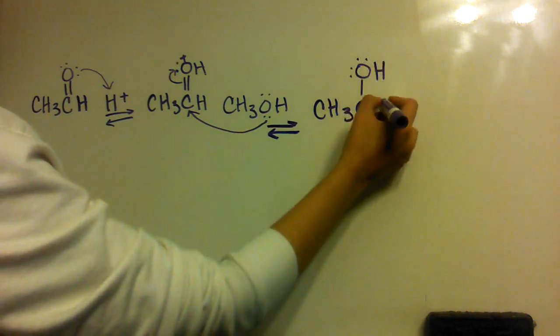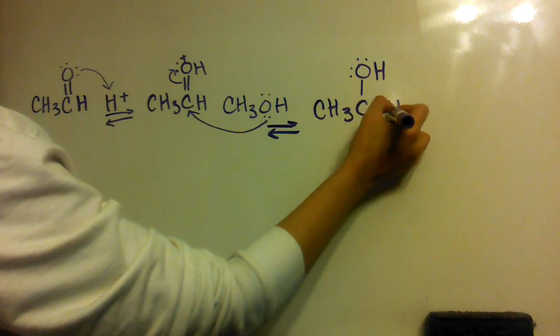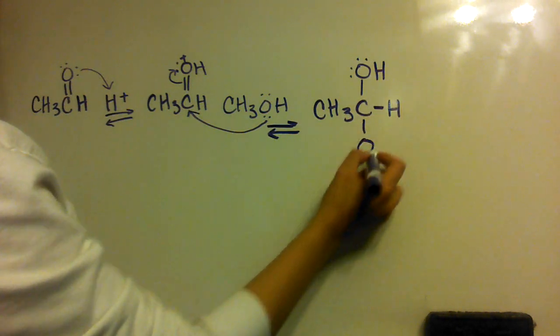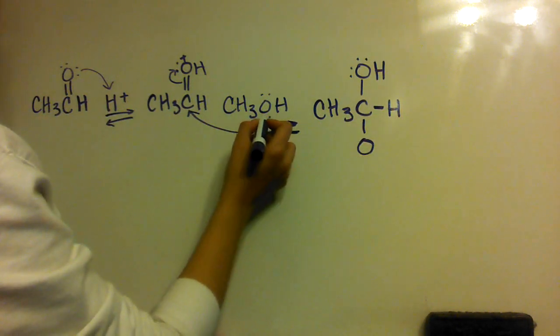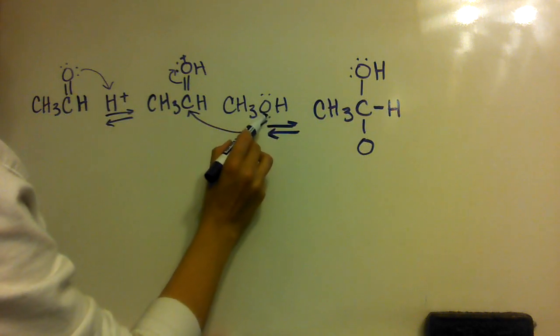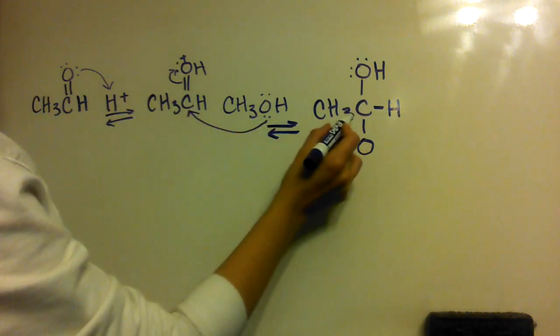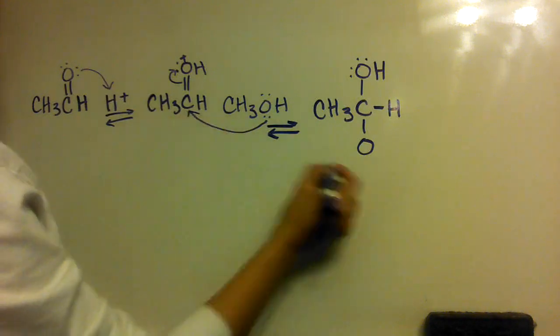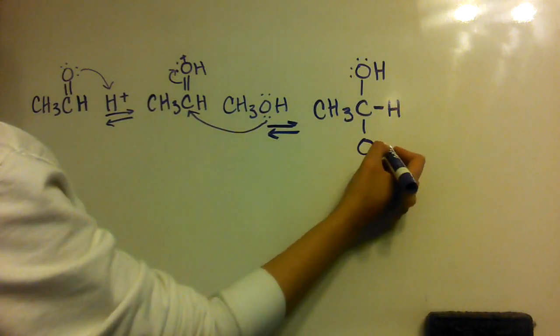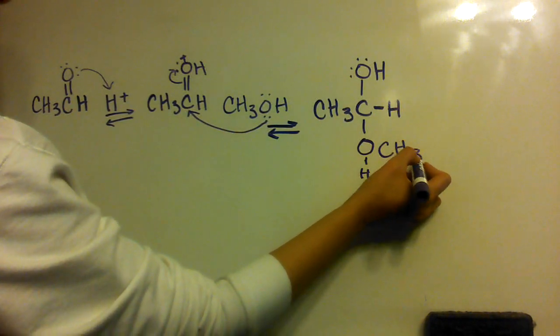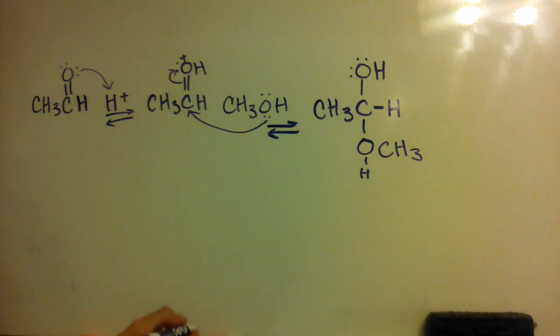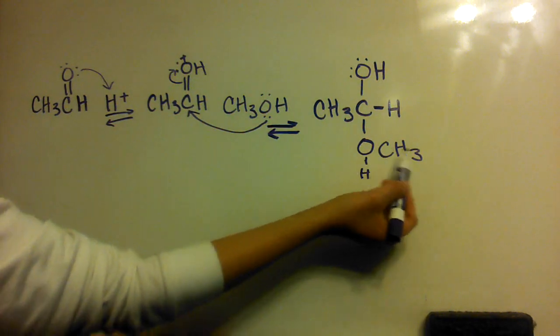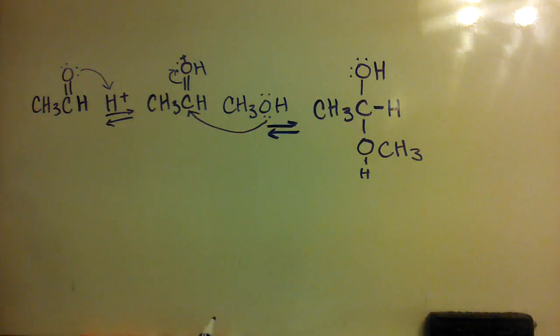It's still attached to that hydrogen, so it's still an OH group. And now, where the alcohol attached, the two electrons from the oxygen attached to this carbon, so that's where the bond's going to be between the oxygen and the carbon. So we still have our H hanging out there, and then we have a CH3 group. If you remember from before, we're going to just want an OCH3 here and an OCH3 there.